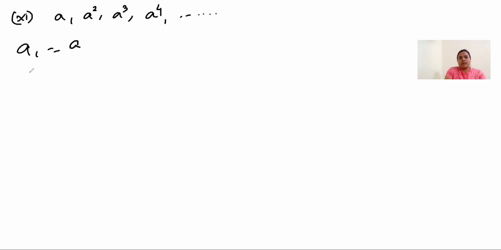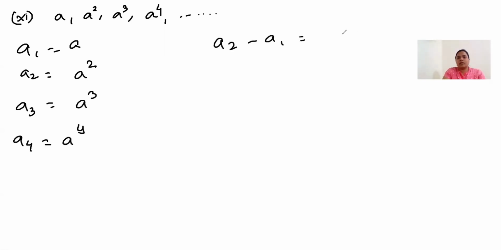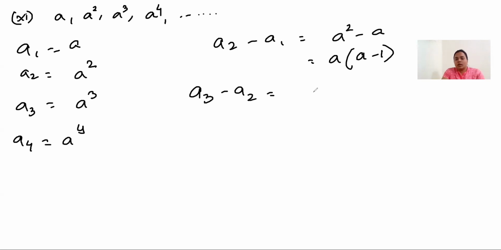A1 is A, A2 is A square, A3 is A cube, and A4 is A to the power 4. So A2 minus A1 will be A square minus A. If we can take common, let's take common. I'll take A common. I'll be left with A minus 1. While doing A3 minus A2, it will be A cube minus A square.